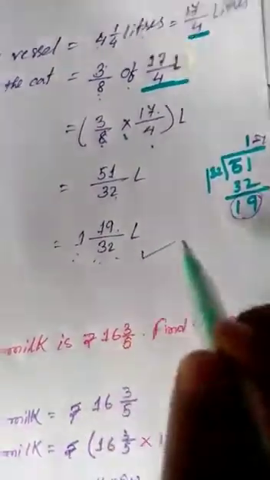So 1 and 19 by 32 liters of milk is what he gave to his cat.